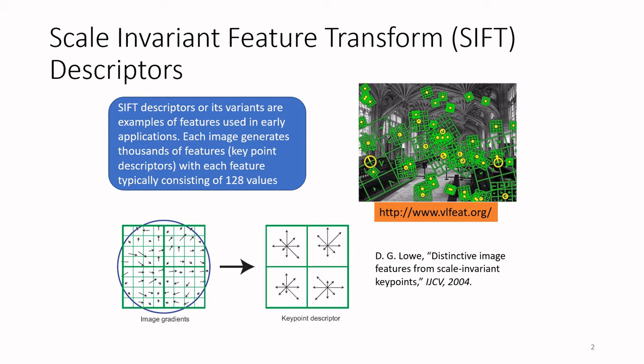Those local variations are captured in the form of histograms, and those histograms then become the feature descriptors at different locations. These were very popular features, and they have been extensively used for many object recognition tasks.